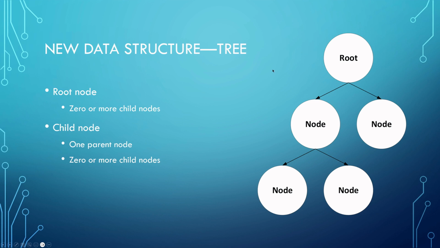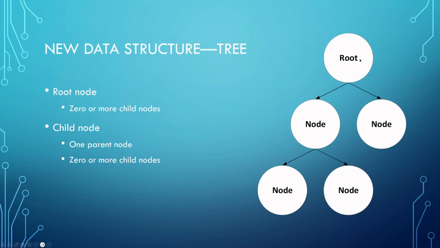First, we're going to talk about a new data structure, and that is the tree data structure. Now, you don't really need to know the implementation details of this, but a tree is just a mathematical data structure, and of course you can implement a tree in code. But basically what a tree is: it has a root node with 0 or more child nodes, and then each child node itself can have 0 or more child nodes as well as a parent node.